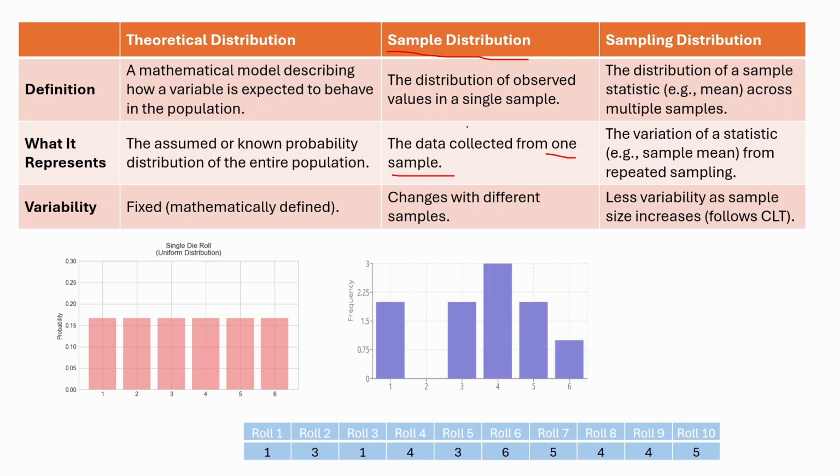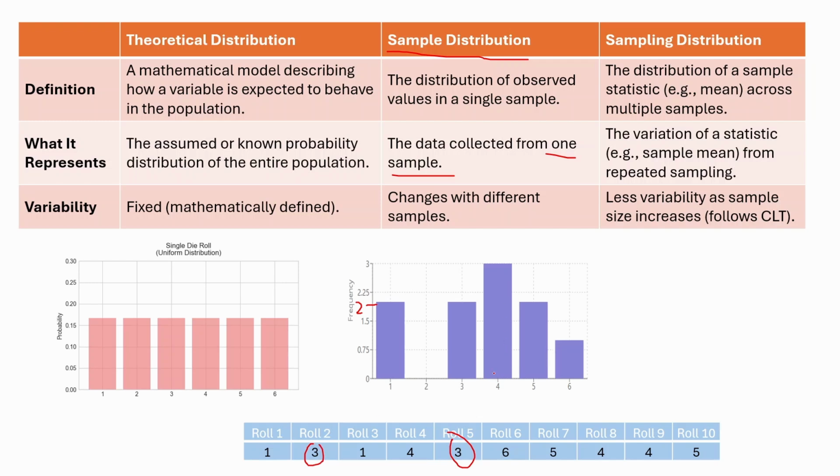This is the frequency histogram, and as you can see, the number 1 has a frequency of 2, number 2 has a frequency of 2, and the observation of 3 also has a frequency of 2.